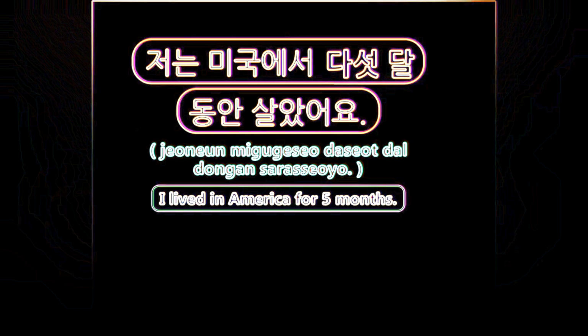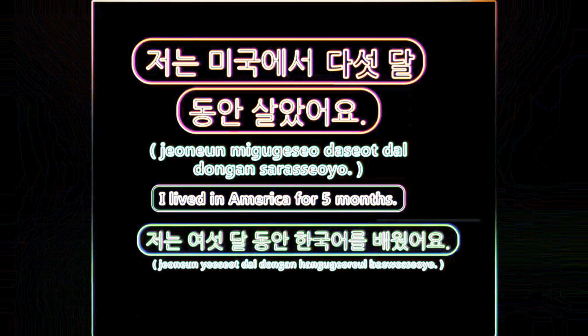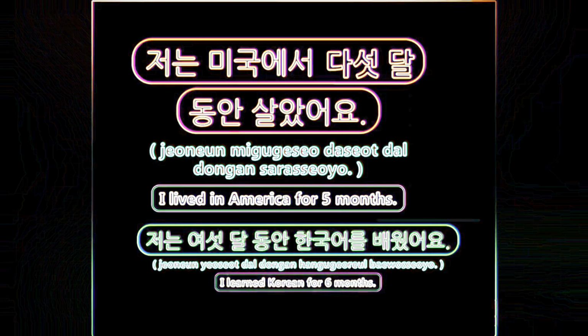The second example is 저는 여섯 달 동안 한국어를 배웠어요. This means I learned Korean for 6 months. You can see that 여섯 달 is used in the sentence to indicate a period of 6 months.